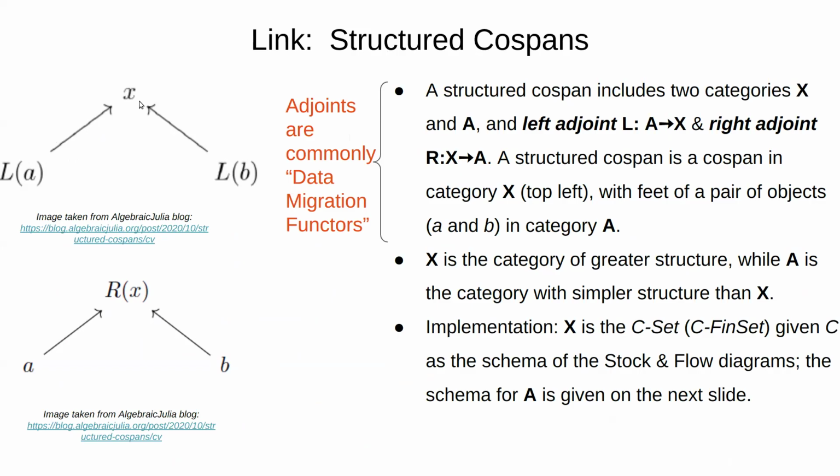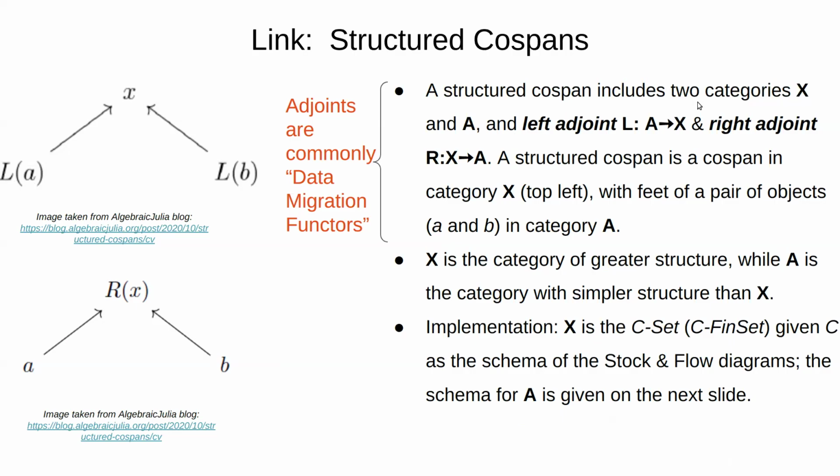So this might be a stock flow diagram, and this down here, the category A might consist of stocks, because you can identify stocks when composing causal loop, stock flow diagrams. You could say this stock in stock flow diagram A is the same as that stock in stock flow diagram B. Do you remember that? But we might also identify some dynamic variables between them.